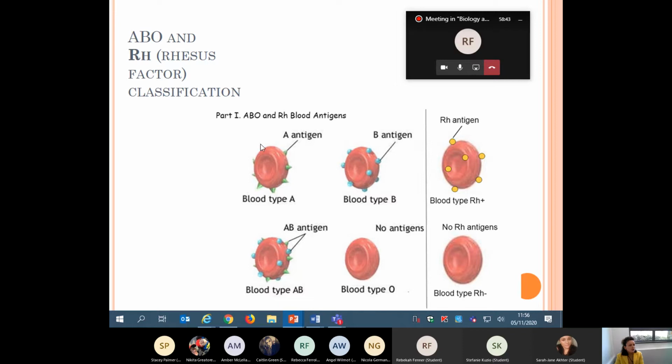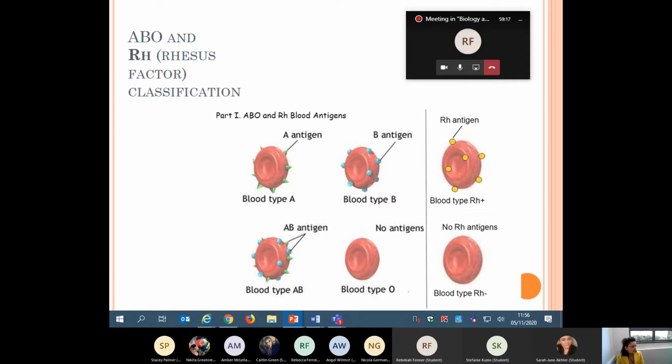So imagine you've got a patient who has already suffered blood loss, they're already weakened, and then you put into them blood which their body recognizes as foreign, and the immune system starts to attack those red blood cells. So you have this kind of double whammy: somebody already weakened through blood loss, plus the immune response flaring up.